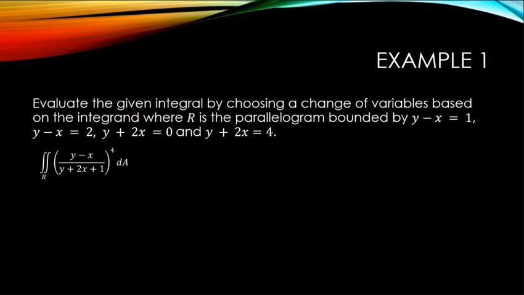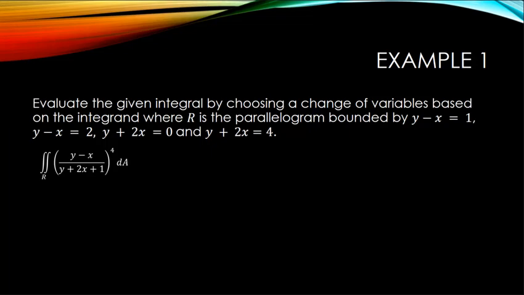I want to evaluate the given integral by choosing a change of variables based on the integrand itself, where R is the parallelogram bounded by y minus x is equal to 1, y minus x is equal to 2, y plus 2x is equal to 0, and y plus 2x is equal to 4.